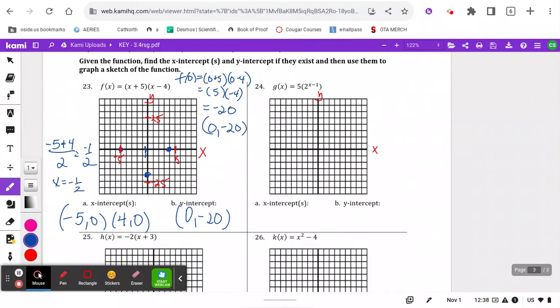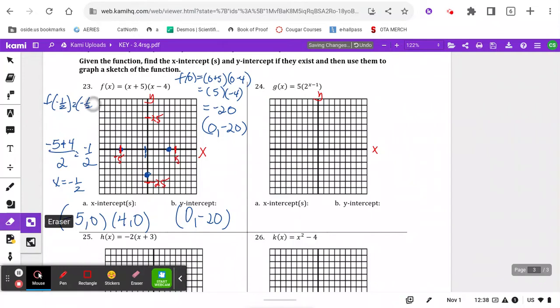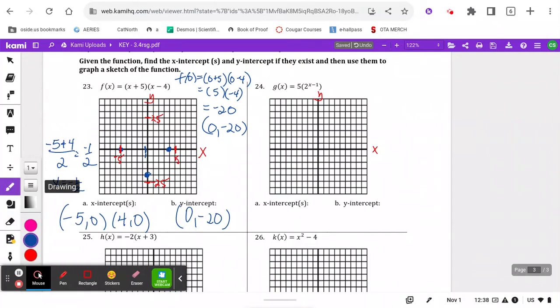And then I can plug in f of -1/2, and I get -1/2 plus 5 times -1/2 minus 4. This is going to be 4.5 times -4.5.